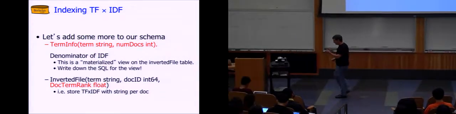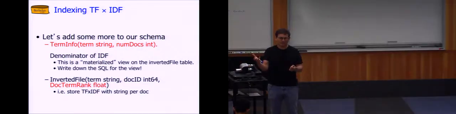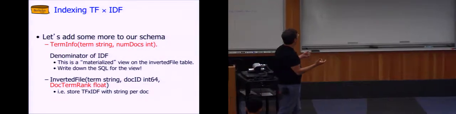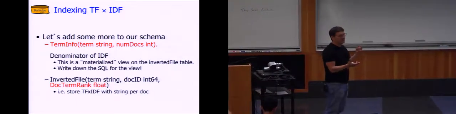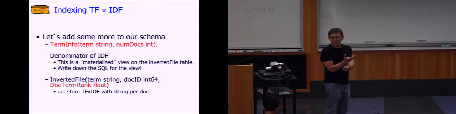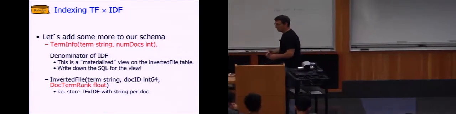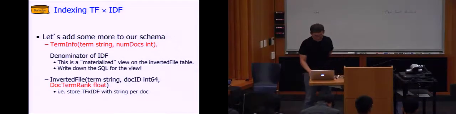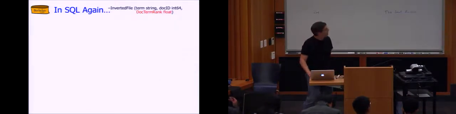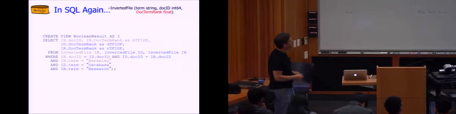So when the word database appeared in the book Database Systems Implementation, we will store the TF-IDF. That is, how many times did the word occur in that book, and what's the IDF of that term? We'll store that in the row there. So every document will be stored with its doc term rank, the TF-IDF. And now to do our query, this is the query we had before that gets Boolean results.